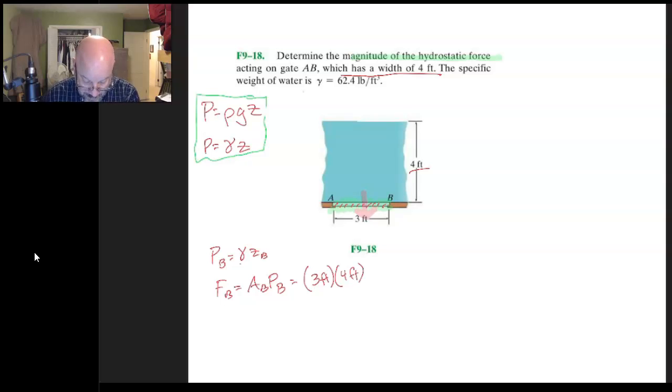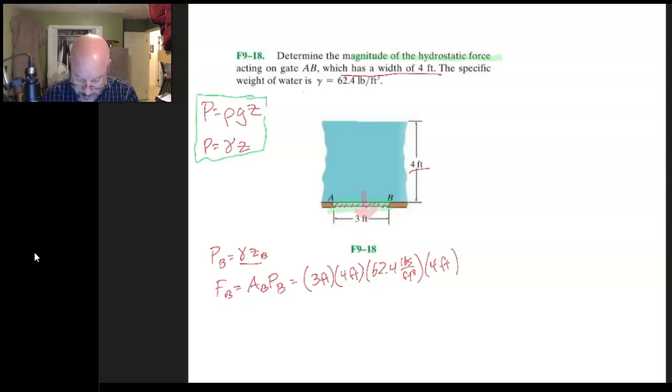And then our PB is gamma ZB, and gamma is 62.4. Oh, no, I had it right the first time, 62.4, and that's pounds per cubic foot. And we're down there at a depth of 4 feet.